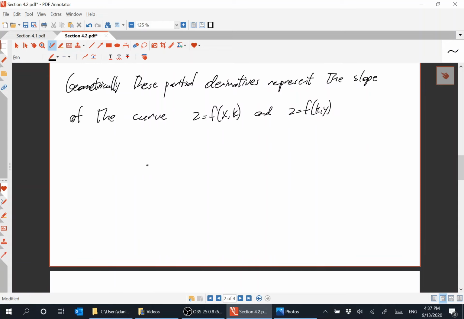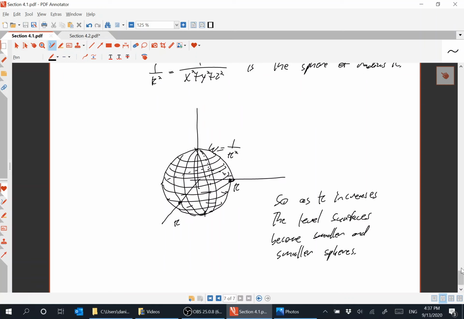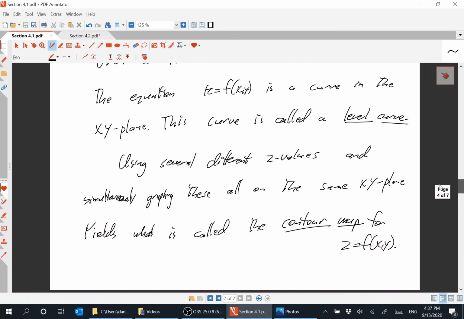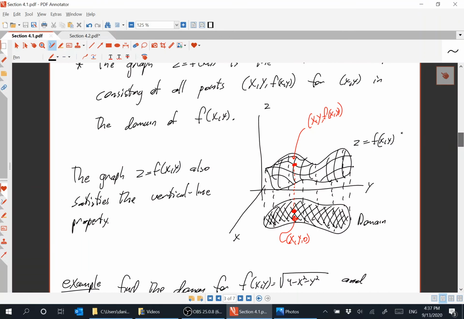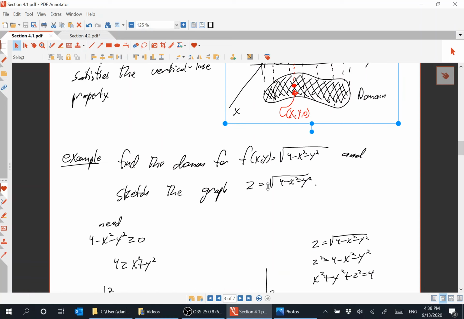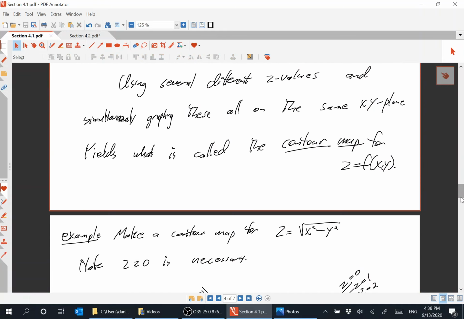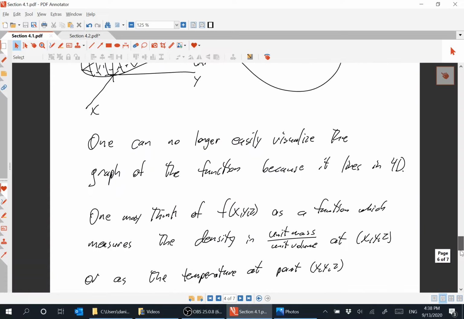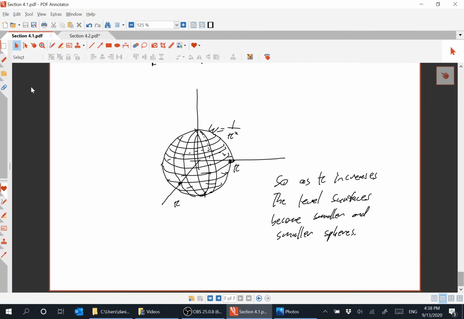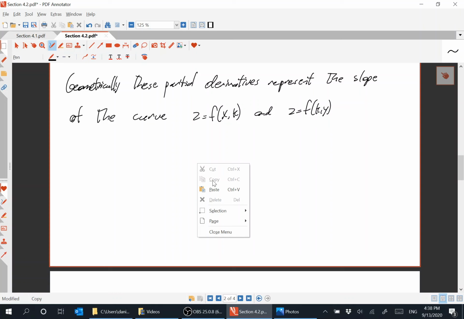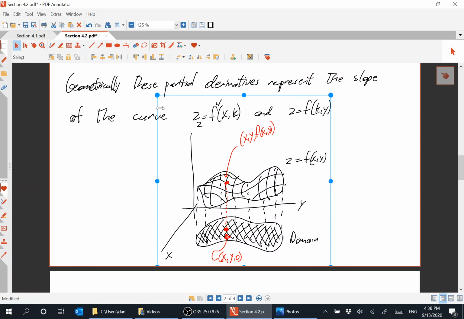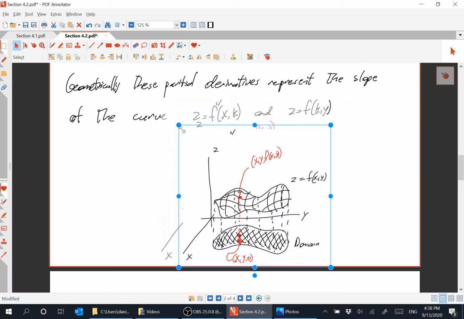Okay, so for example, if you take that surface that we had drawn from before, here it is. So here's that surface.